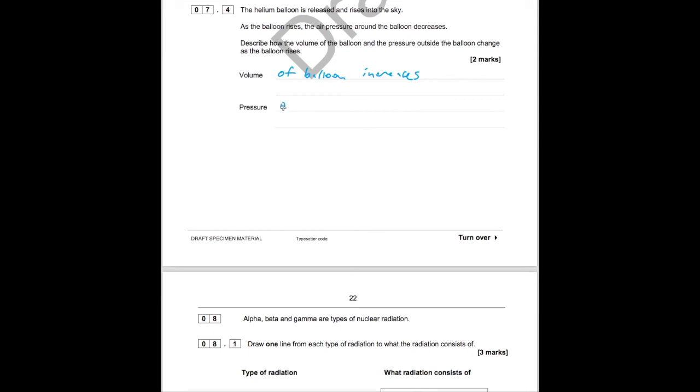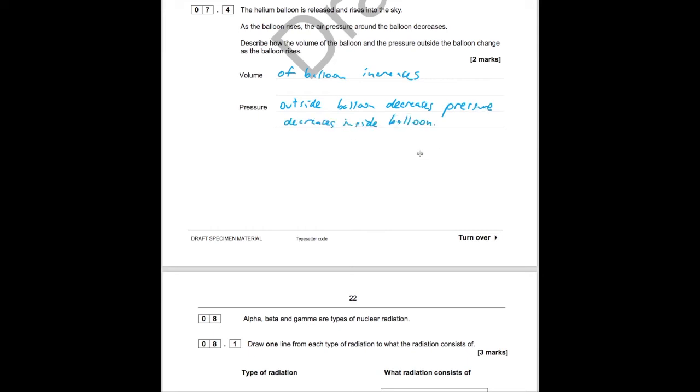So the pressure outside the balloon, that decreases because it told you that in the question. So you're not going to get a mark for that. So I'd better say what happens to the pressure on the inside of the balloon then. Well, if the pressure outside the balloon decreases, which makes the volume increase, that means that the pressure is going to decrease.